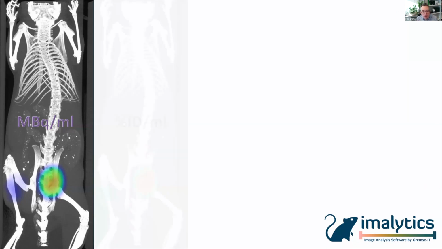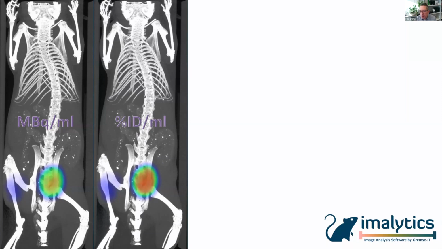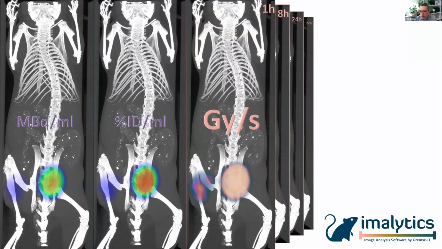And then this can be turned into biodistribution with a percent ID per ml voxel unit. And from this, you can go to a dose rate map in gray per second as a voxel unit.